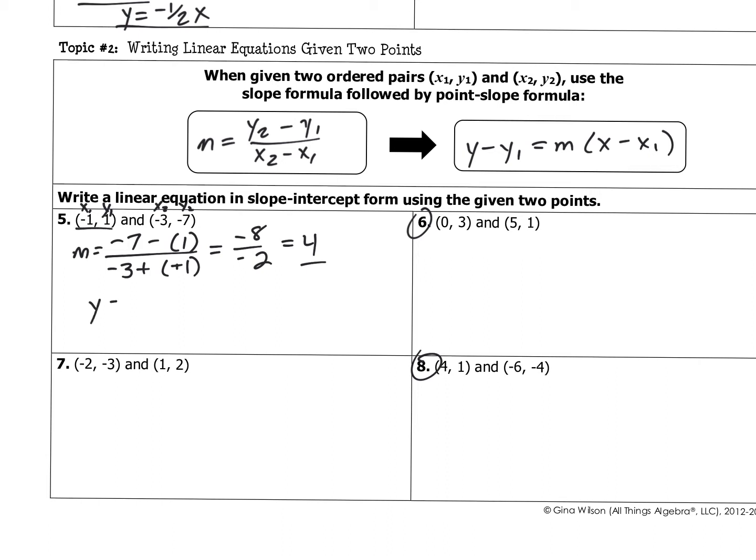So y minus 1 equals m, that's 4, times (x minus -1). This changes to plus a positive. I have y minus 1, and I need to distribute. So y minus 1 equals 4x plus 4, and then add 1 to both sides.